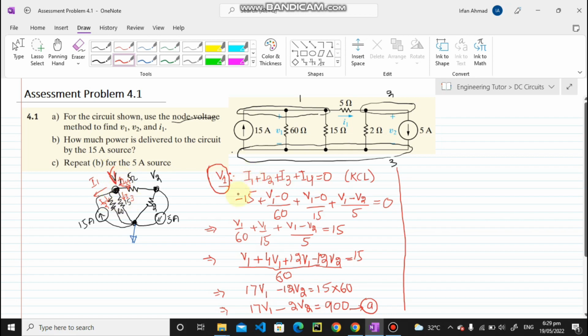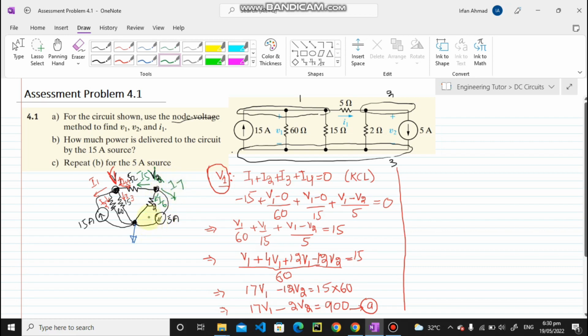Okay, so at the other side we have this V2. For V2, let me select a green color. So this is V2, and here we have more currents flowing away from this node. These currents are I5, I6, and the third current, which is I7.